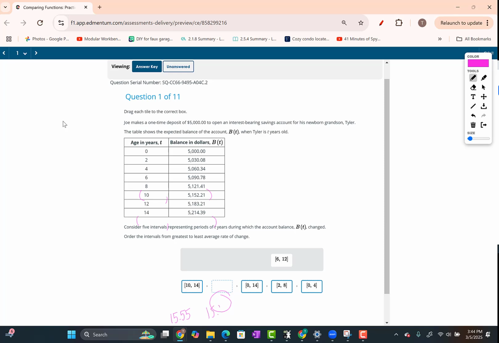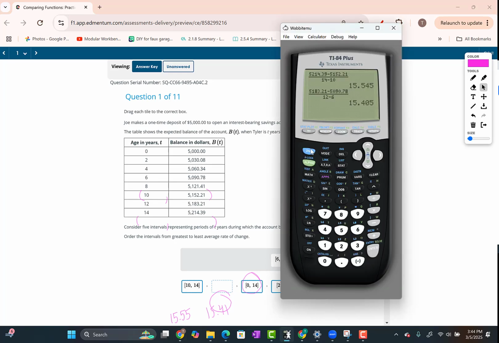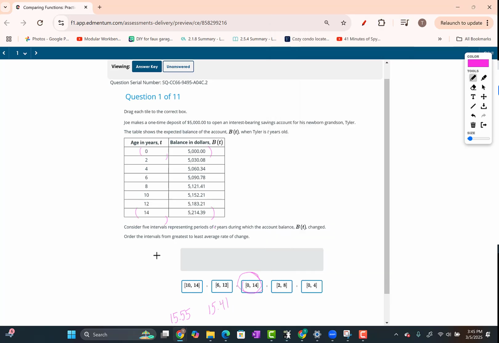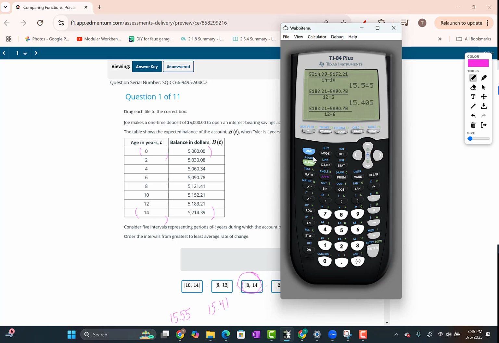Now check the next one, 0 to 14. We're just going to keep repeating this process till we get them all listed. It's a little bit of a lengthy process, but pretty simple once you've figured out one of them. So the next one is going to be y2 minus y1.